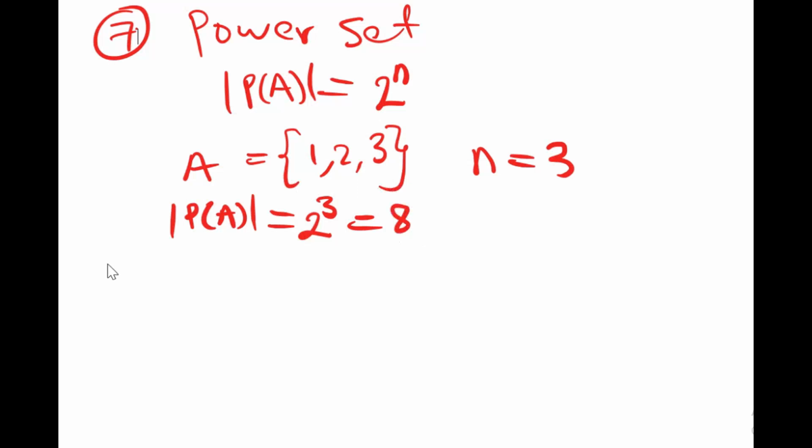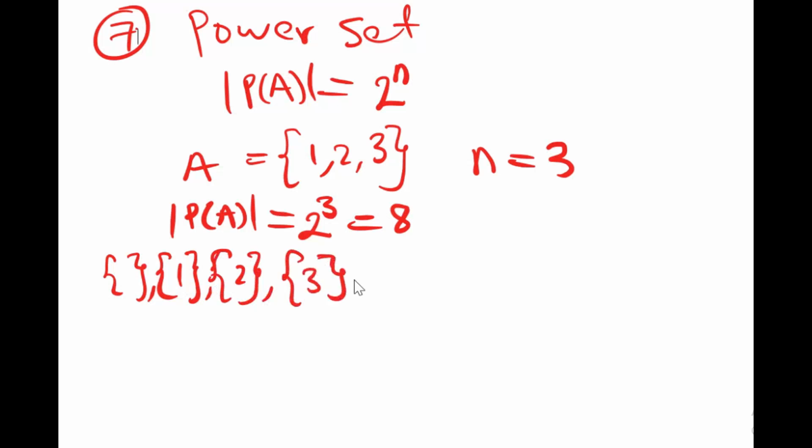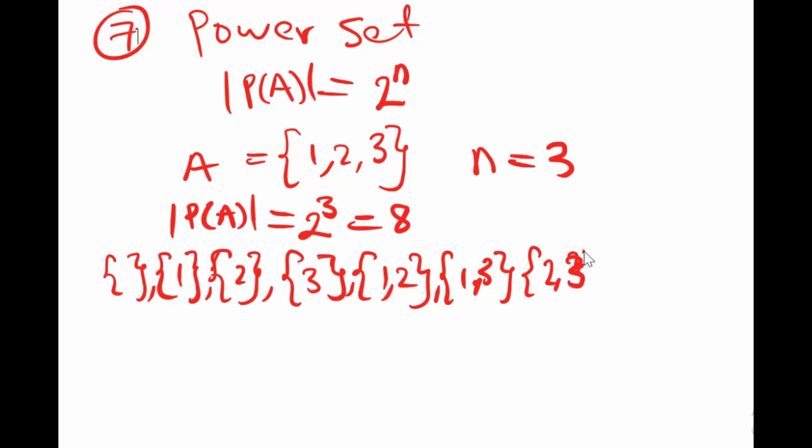Then we have our empty set, then the subsets {1}, {2}, {3}, then {1, 2}, {1, 3}, {2, 3}, and the set itself.